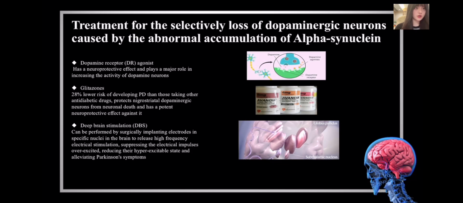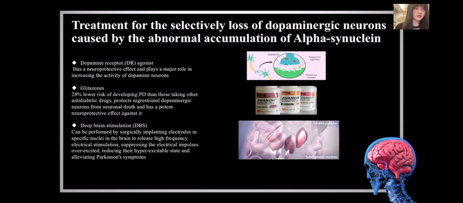However, other common drugs have recently been found to protect dopamine neurons, and one of them is glitazone. Scientists in the UK have found that diabetic patients taking glitazone have a lower risk of developing Parkinson's disease. This is because this drug protects the nigrostriatal dopaminergic neurons from neural death and has a potent neuroprotective effect against the virulence mechanism involved in the progression of neurodegeneration in Parkinson's disease.